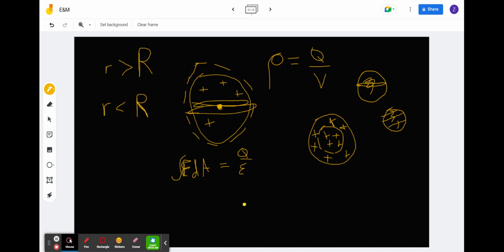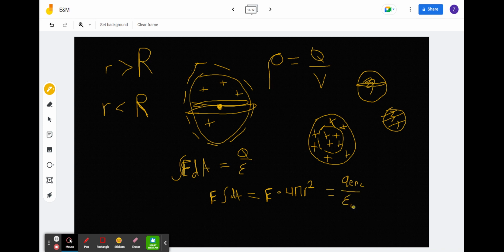So, once again, our electric field times our dA is going to be constant, so we can pull it out and have our integral of dA. And this time we're going to get E times 4 pi r squared, and then this is going to be equal to the charge enclosed divided by our epsilon naught.